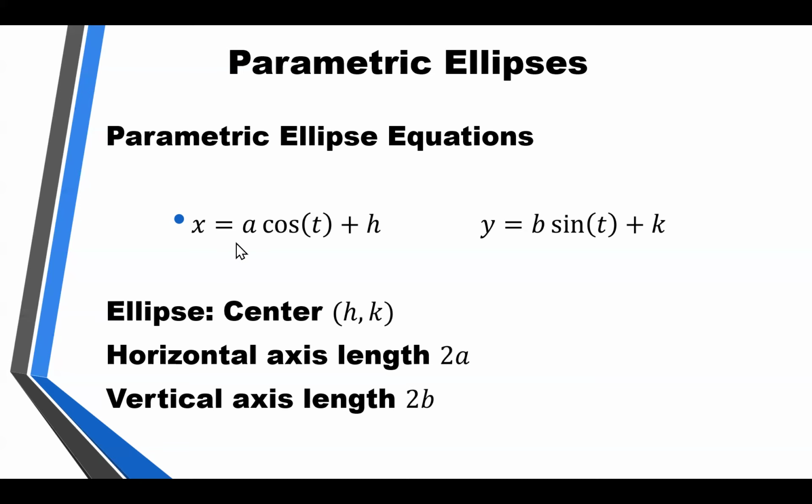Now, I'm using a and b. I am not assuming a has to be bigger than b, okay, in this case. So sometimes the horizontal axis might be the major axis. Sometimes the vertical axis might be the major axis. It depends on whether the coefficient of cosine or the coefficient of sine is bigger.